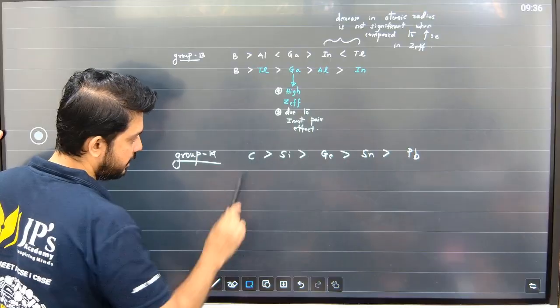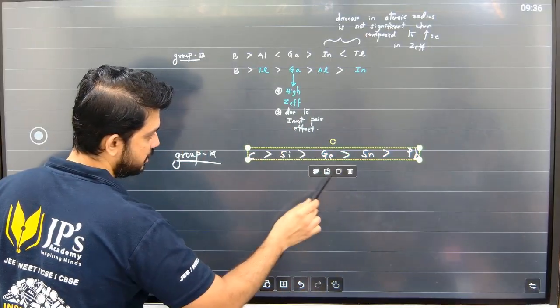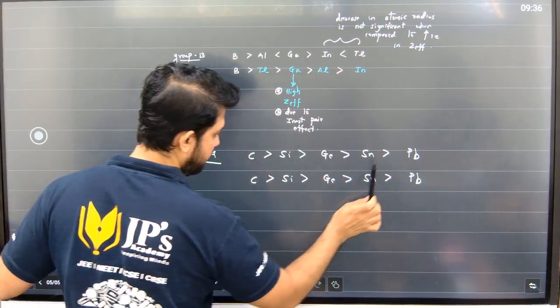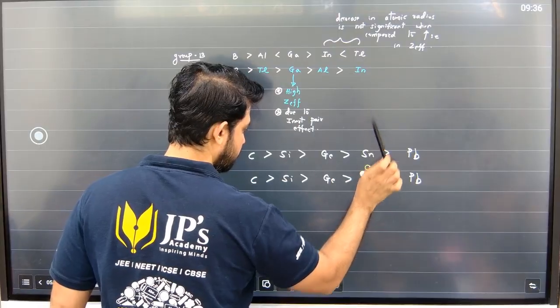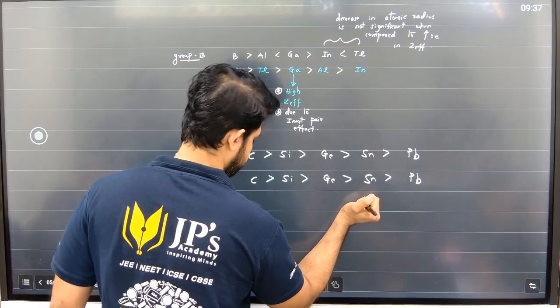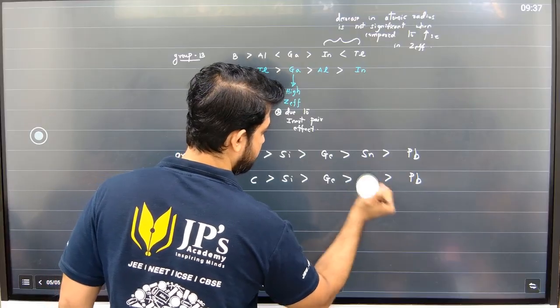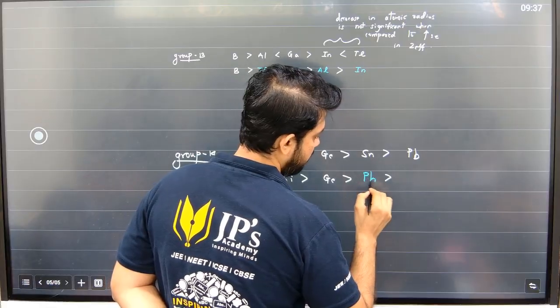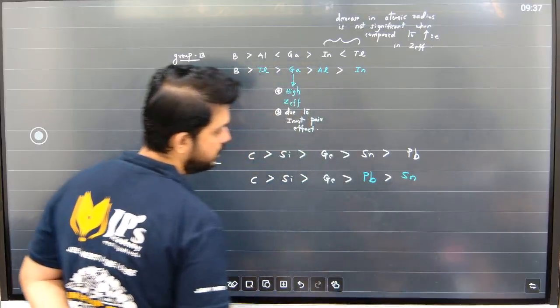But here there is a slight change in the trend. The trend goes correct from carbon to silicon to germanium, and then lead has more ionization enthalpy than tin.